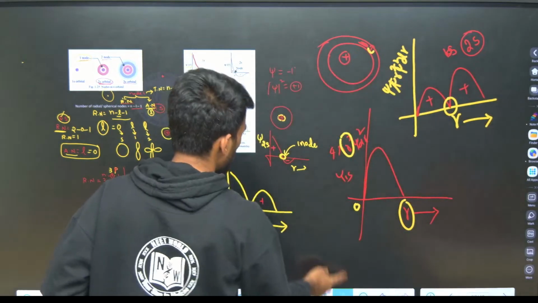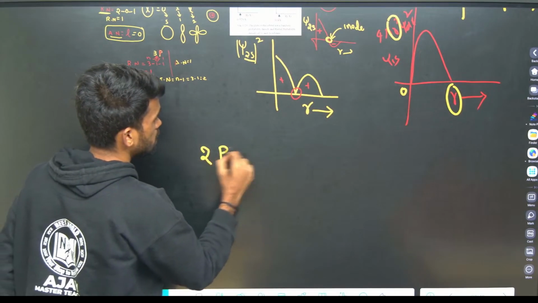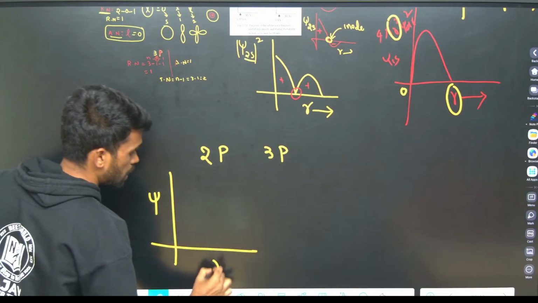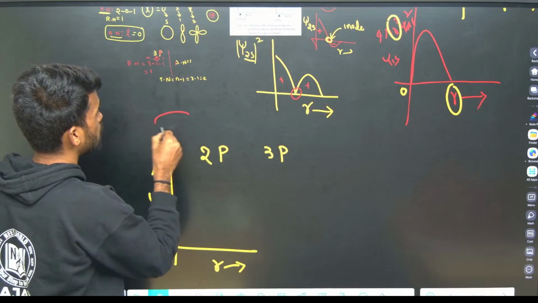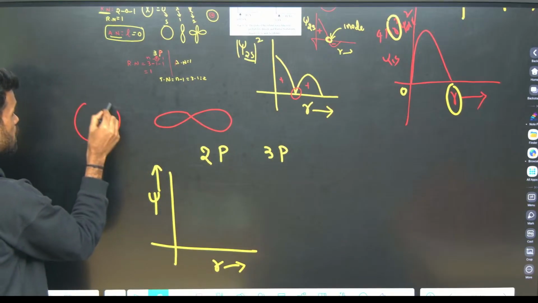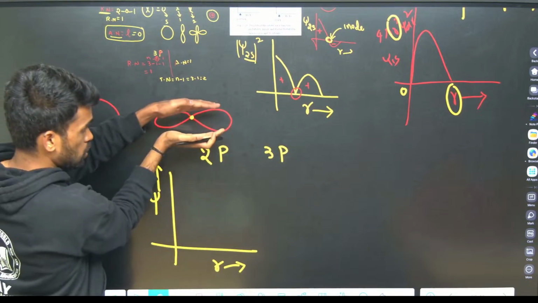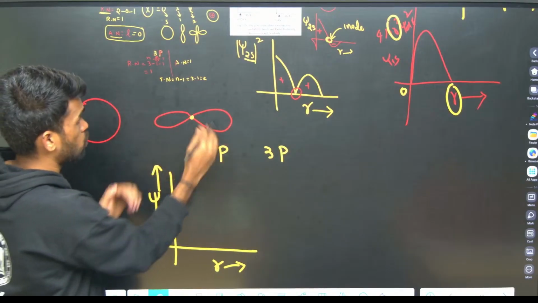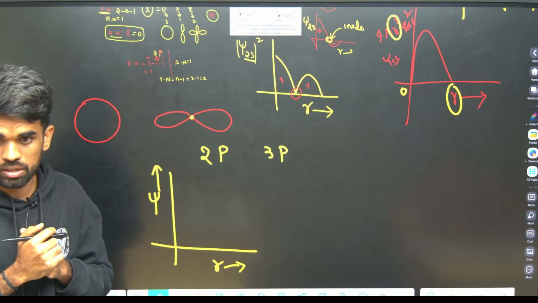Now, sir, what about in the case of p orbitals? I am saying 2p and 3p. If I want to draw a graph psi versus r, how will we draw this? Look at this, how we draw this p orbital, something like a dumbbell shape, but s orbital we draw like a sphere. If this is the nucleus, more the lobe, more the amplitude, I can say more is the probability of finding the electron, or more electron density.